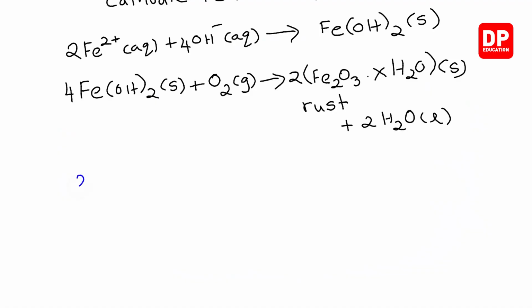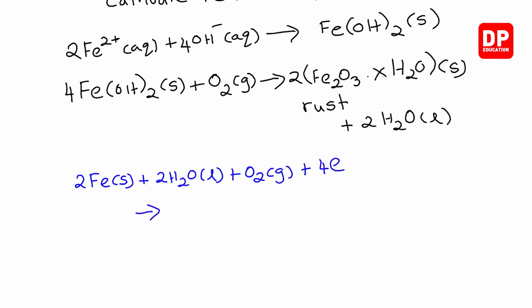So here we have 2 Fe solid plus 2 H2O liquid plus O2 gas taking up 4 electrons, forming 2 Fe2 plus aqueous. That will lose 4 electrons, and when water and oxygen get reduced, you will get 4 OH minus aqueous.